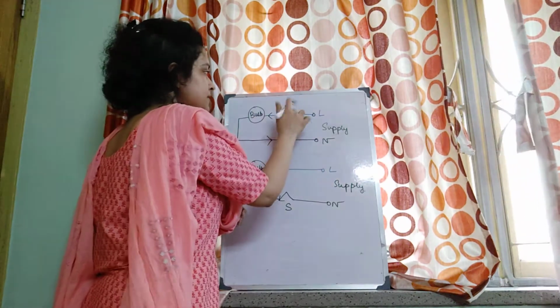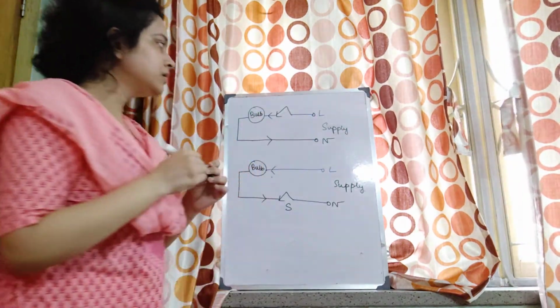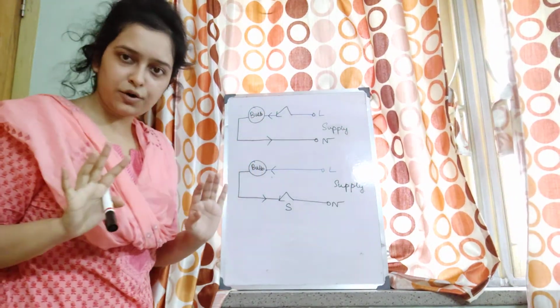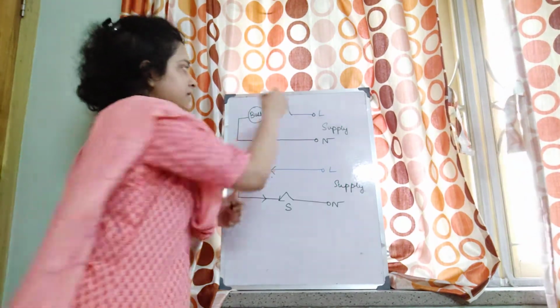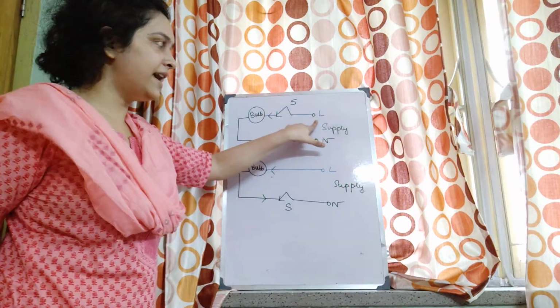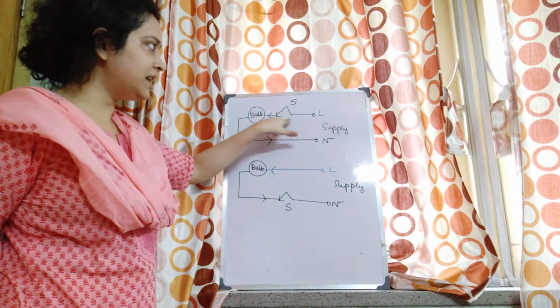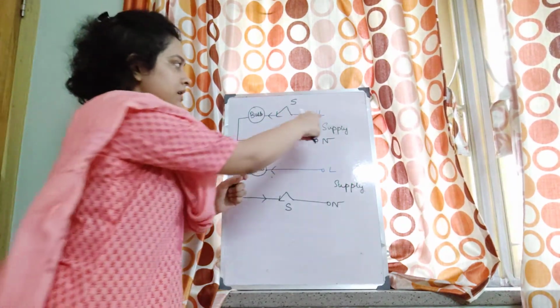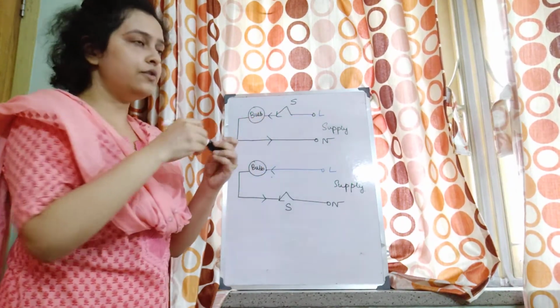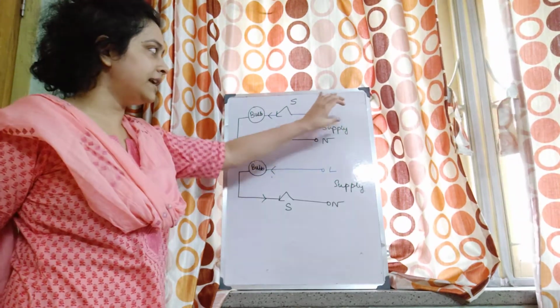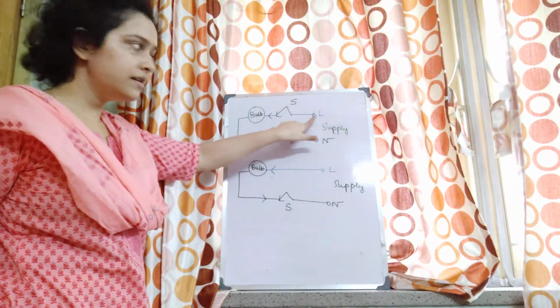So suppose the switch is on, the bulb is glowing. I have connected the switch in the live wire. Which wire is responsible for carrying the current from the supply? Live wire.